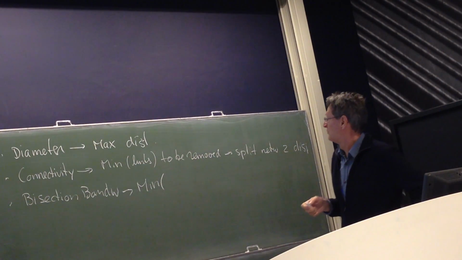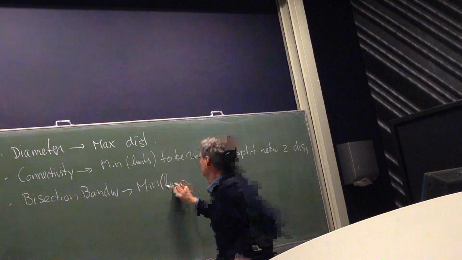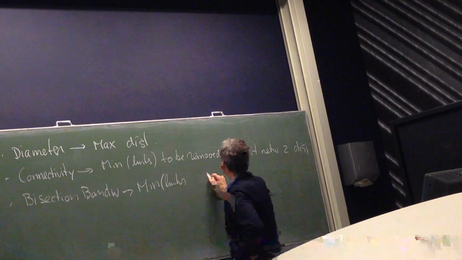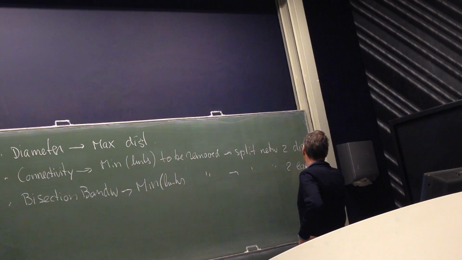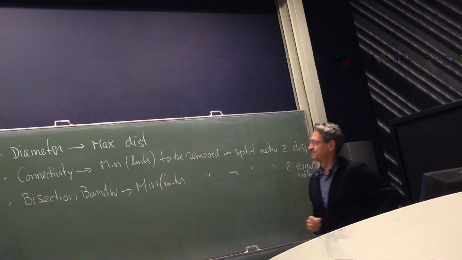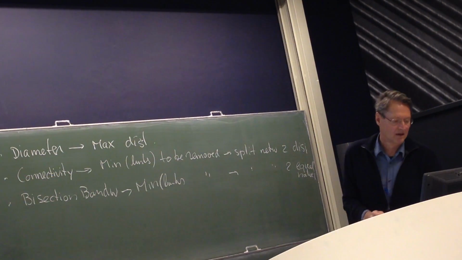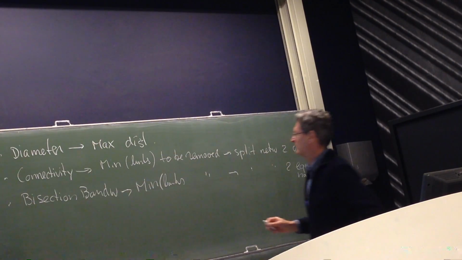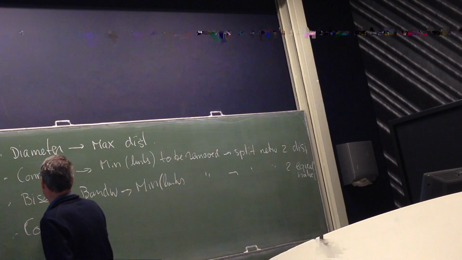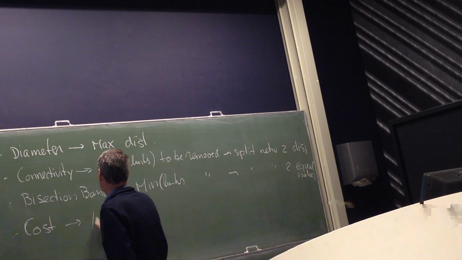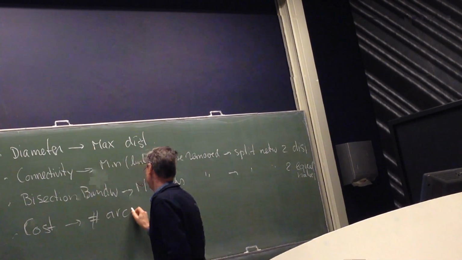Then the minimum number of links to split the network into equal halves. Okay. And the last but not least, the cost. And therefore we took the number of arcs.